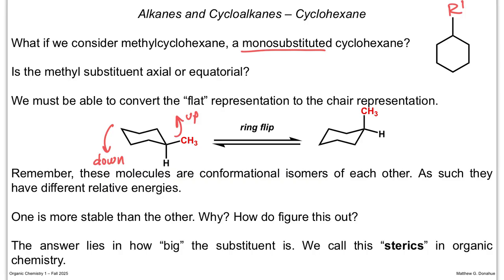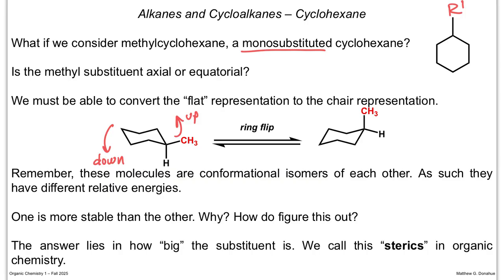And so what does that mean? It kind of wants to get away from it. So in general, you want the substituent equatorial. If we expand that, for any ring, you want as many substituents equatorial as you can get.